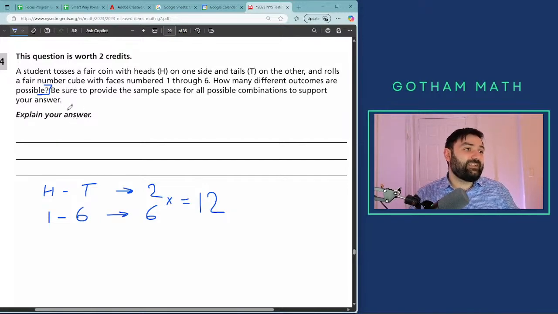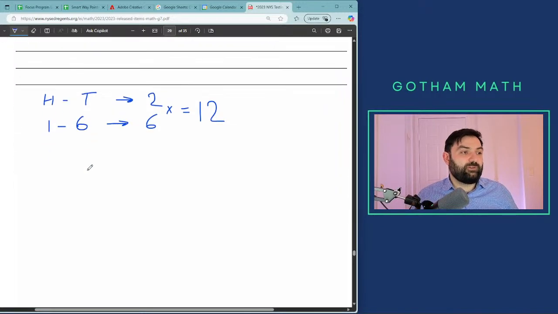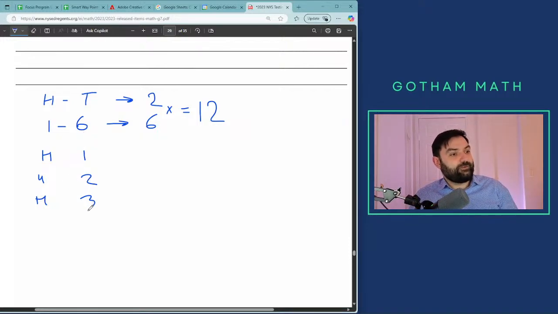But then they say to be sure to provide the sample space for all possible combinations to support your answer. Well, heads and 1, heads and 2, heads and 3. You understand? You flip heads and then you get 1 on the cube, then you flip heads and you get 2 on the cube.